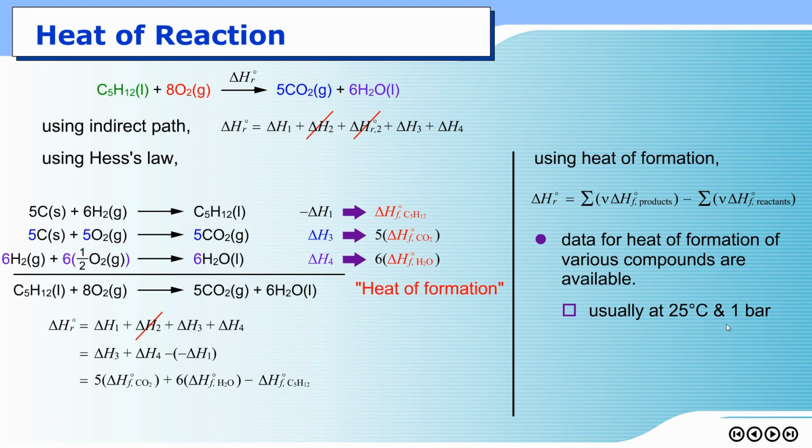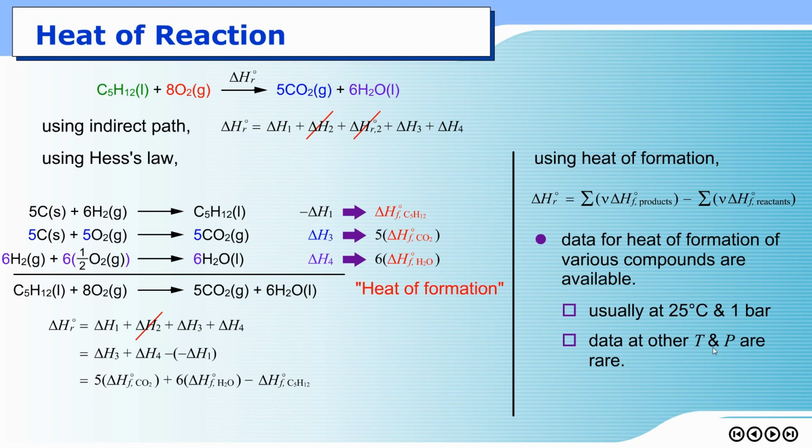So it is sometimes called standard heat of formation at 25 degrees Celsius. This is the conventional data that are available. Data at other temperatures and other pressures are extremely rare. Okay, especially at other pressures, the data are extremely rare.